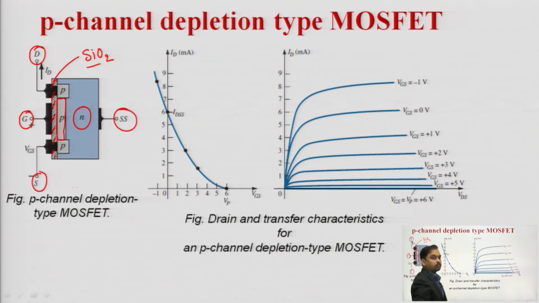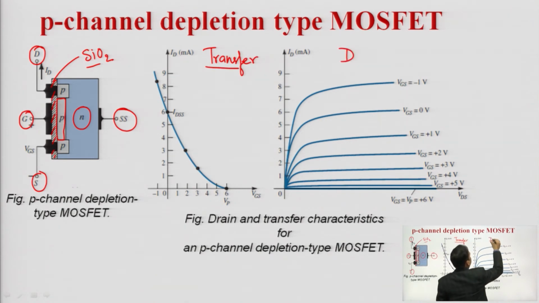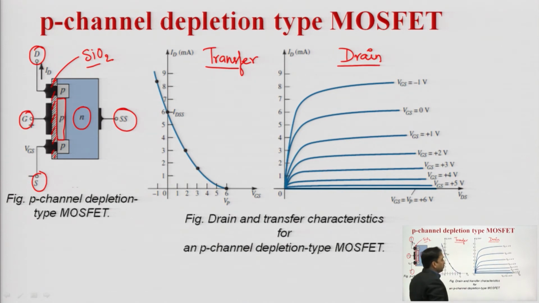this one. So, clearly we can say that if we talk about the transfer characteristics, and this is the drain characteristics. So, for transfer characteristics we can compare this with the N channel depletion type.